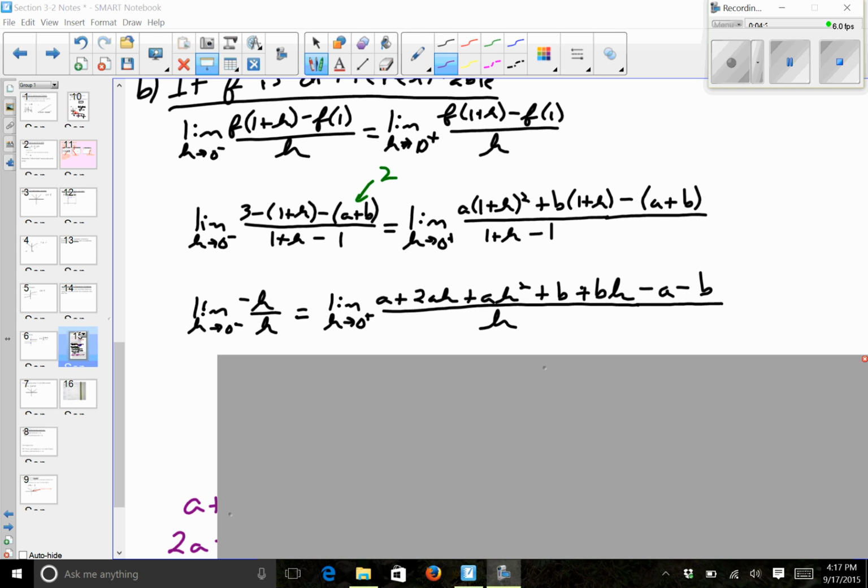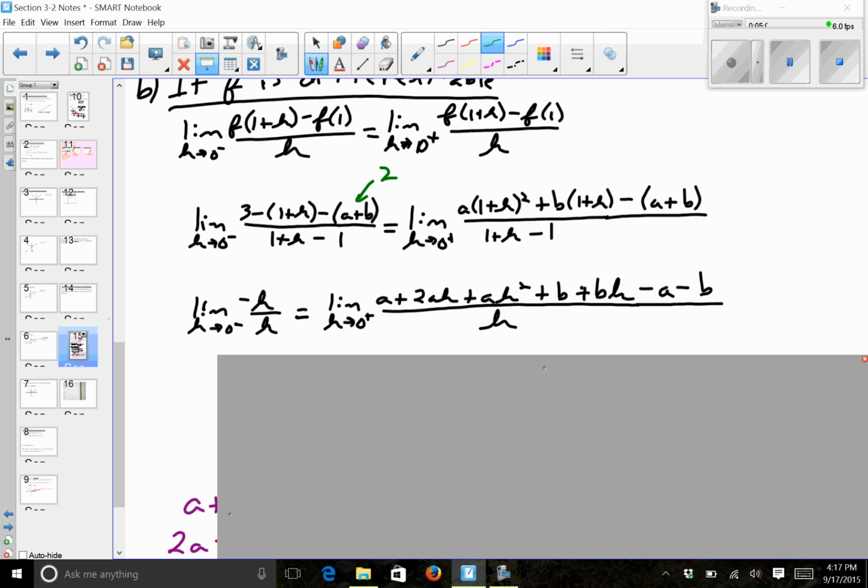So the 3 minus 1 minus 2 ends up canceling out. I distribute the negative, so I have a negative h, and then on the bottom just h. And over on the right, if I FOIL out 1 plus h and multiply it by a, I get this part. If I distribute my b, I get this, and then distributing my subtraction gives me this.